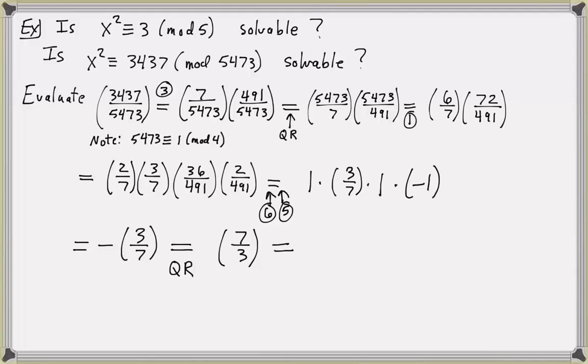By property 1, I can reduce 7 mod 3, and this is the Legendre symbol 1 over 3, but 1 is a perfect square, 1 is 1 squared, so this will equal 1. So what I've just shown is that the Legendre symbol 3,437 over 5,473 is equal to 1. Therefore, x squared congruent to 3,437 mod 5,473 is solvable.